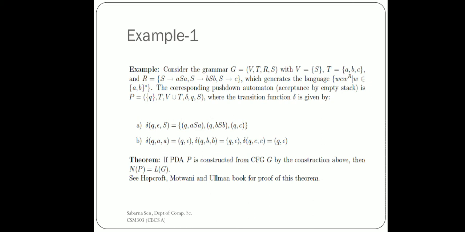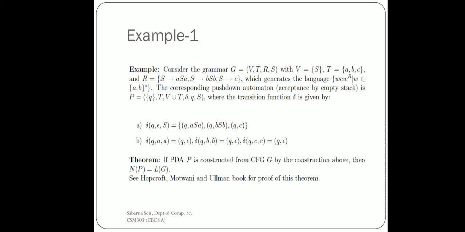So if you follow the previous two rules that we discussed in the previous slide, firstly, if we have one empty string to process and we start with the start symbol S, then following the production rules, from S, at the initial part, it can generate ASA or BSB or C. That is being written.